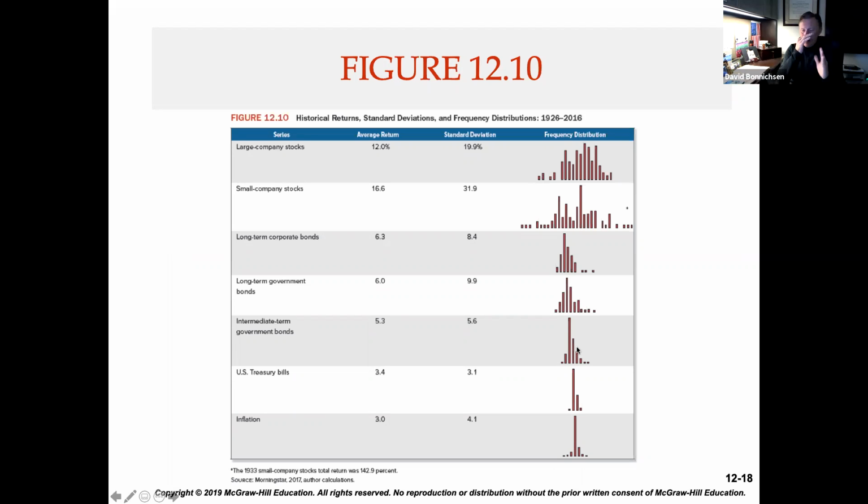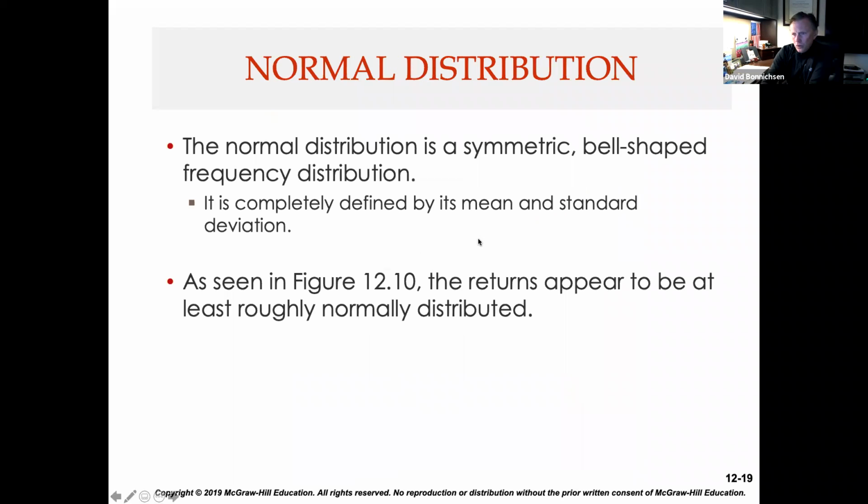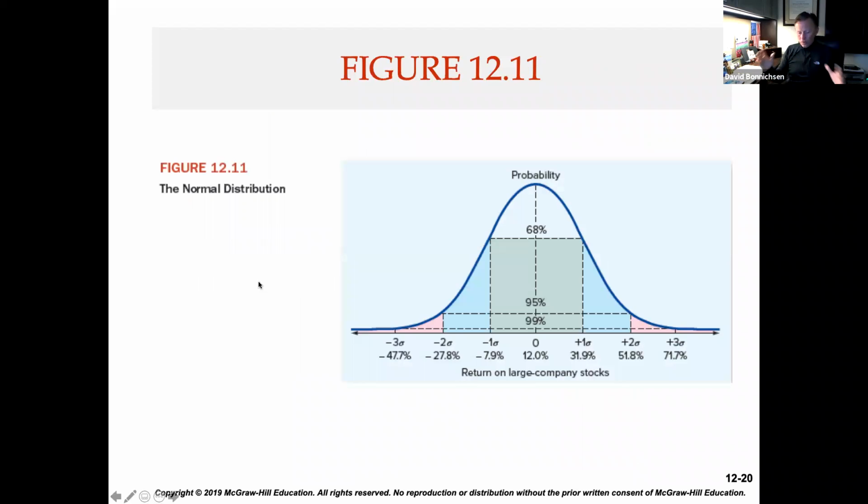Even though it's tightly packed around the mean, from a purely graphical standpoint there's an equal number of positive returns and an equal number of negative, minus standard deviation returns around the mean. So when we think about the normal distribution, this is what we're looking at: the probability of a particular outcome in a normally distributed sample.